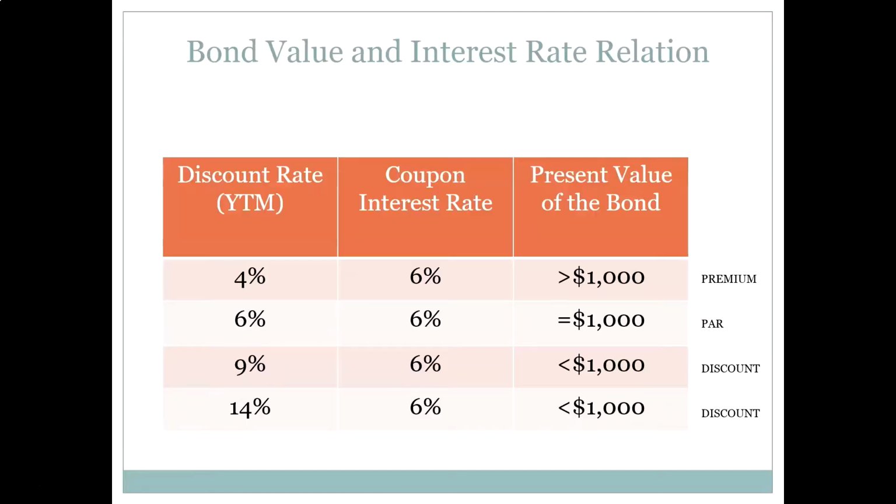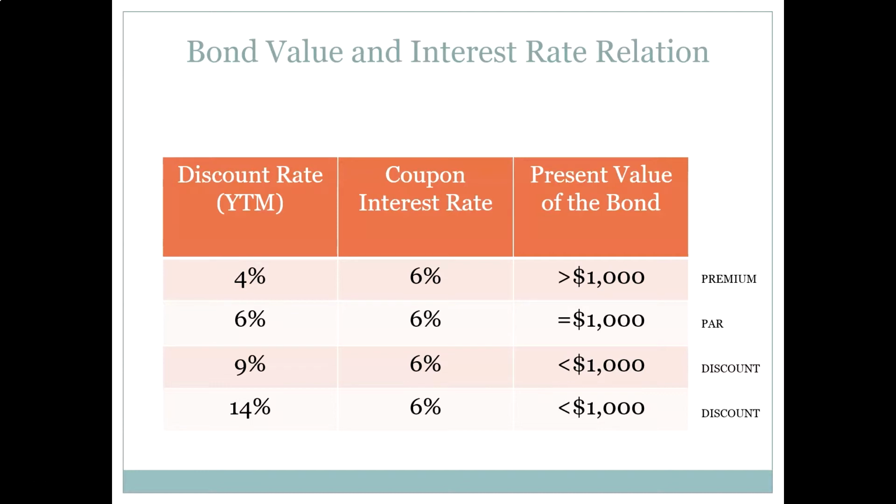Okay, so we saw that if interest rates, market rates go down relative to the coupon rate, prices of the existing bonds rise, and they rise above the par value, which is $1,000. And those bonds are now said to be selling at a premium because the price is greater than the par value.